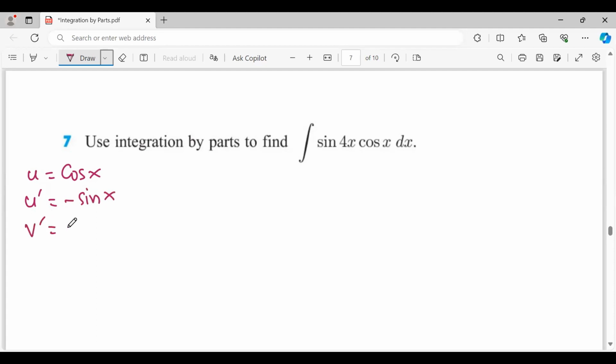So derivative v is sine 4x. So v, integral sine 4x dx, is minus a quarter cosine 4x plus c.